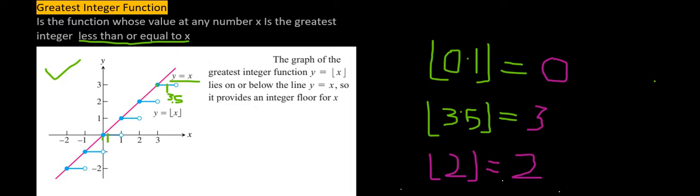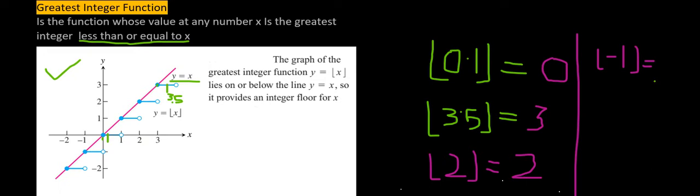Or when we move on towards the negative side, you can see that when we have negative, suppose I take it as minus 1, then our answer will be less than the value of minus 1 or equal to this.